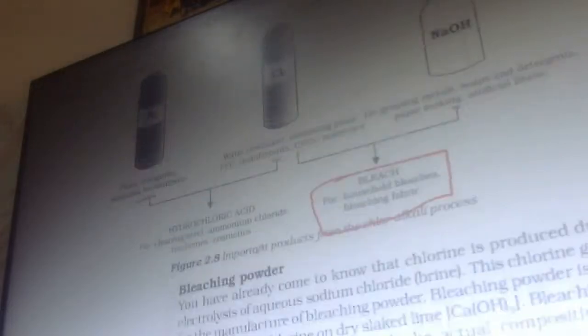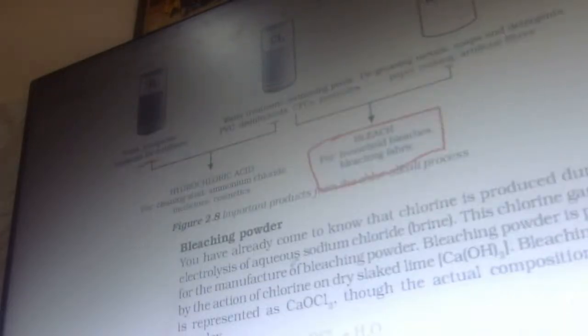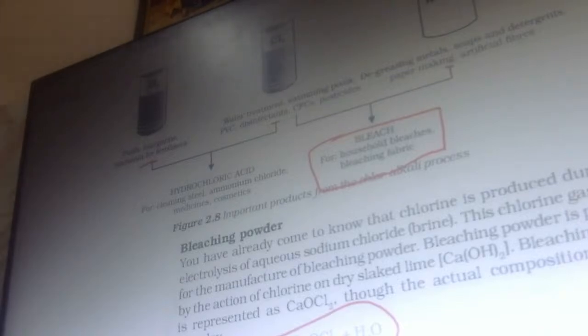CaOCl2, right? Bleaching powder, yes. That is calcium hydroxide plus Cl2 gives us CaOCl2 plus H2O. Dry slaked lime. Bleaching powder is for bleaching textile, wood pulp in paper factories, washed clothes.